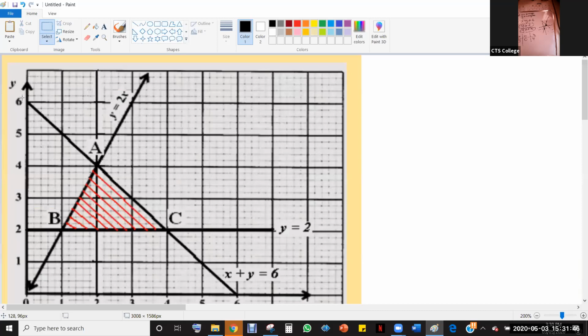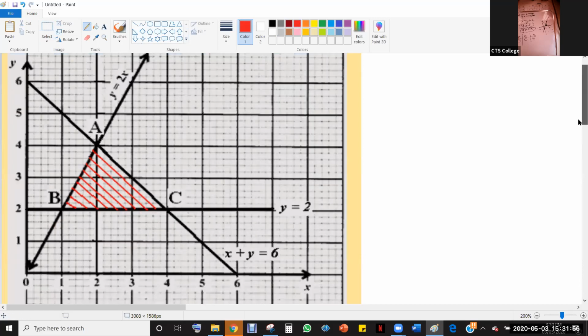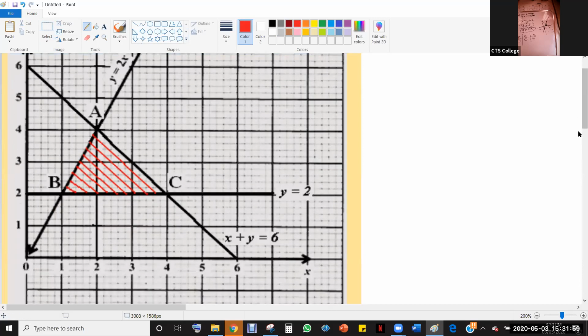Anybody can tell me the coordinates for A? What are the coordinates for A? 2 and 4.